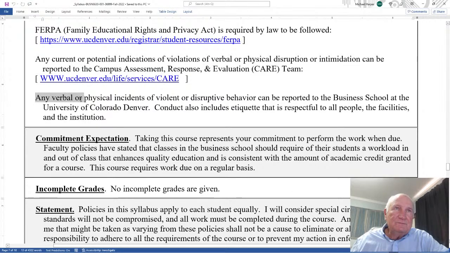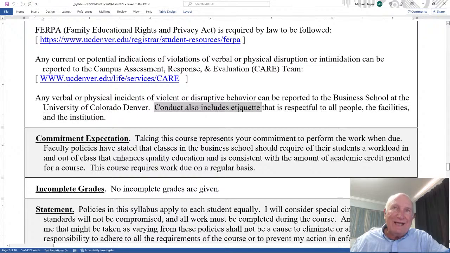Any verbal or physical incidents of violent or disruptive behavior can be reported to the business school at the University of Colorado Denver. And by the way, can be and has been. There is no room for violent or disruptive behavior at UCD in the business school or in my classes or anywhere.